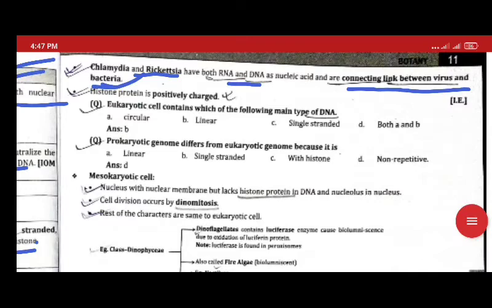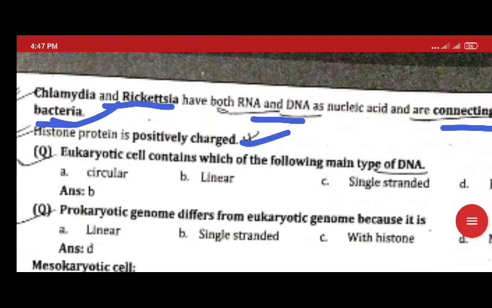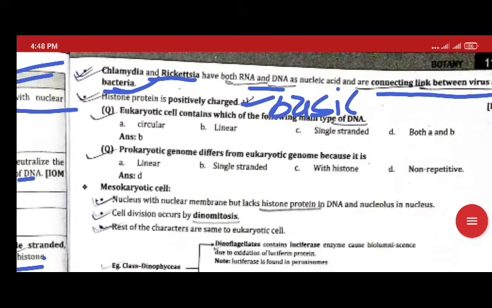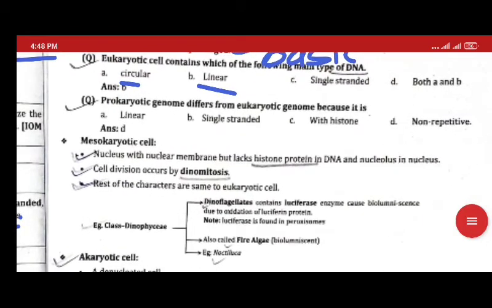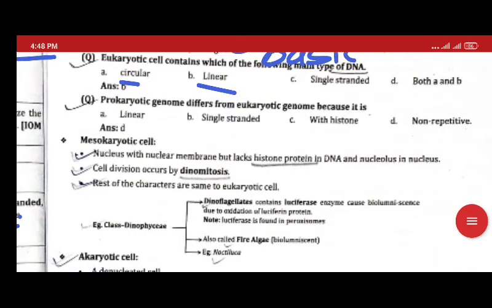Now here histone protein is positively charged, but what? It is a basic protein and is positively charged, so as to neutralize the DNA. Now eukaryotic cells contain which type of DNA? Eukaryotic have linear and prokaryotic is circular type.